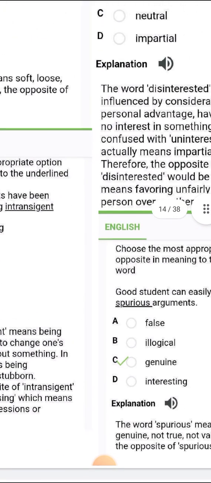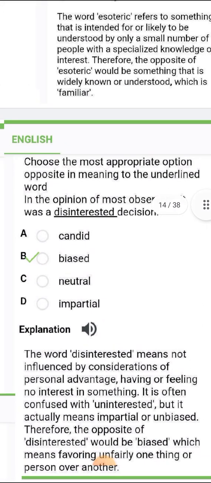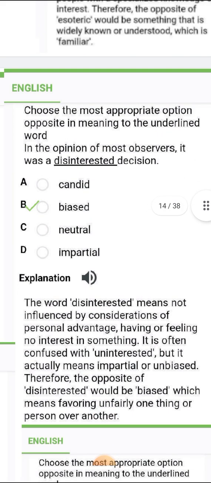All right. So the next one there is disinterested. Disinterested is biased. The word disinterested means not influenced by considerations of personal advantage, having or feeling no interest in something. It is often confused with uninterested, but it actually means impartial or unbiased.